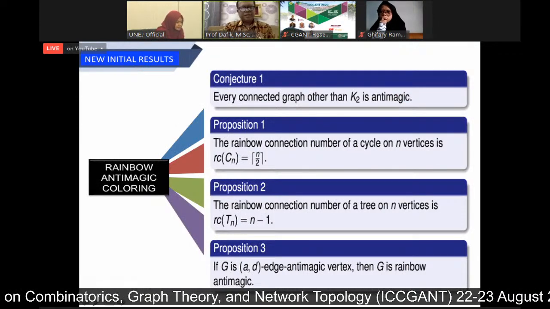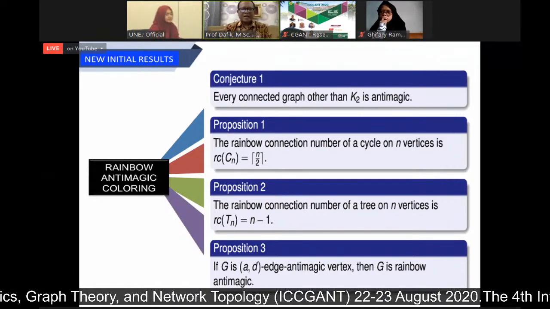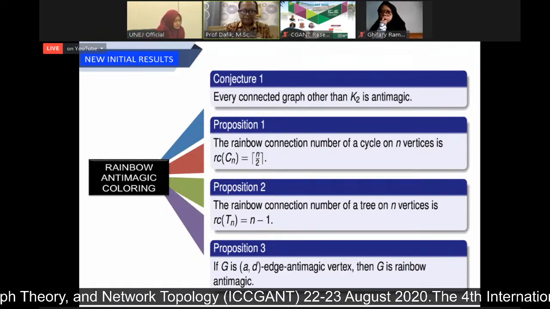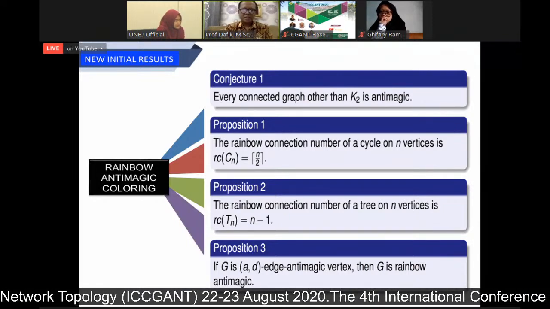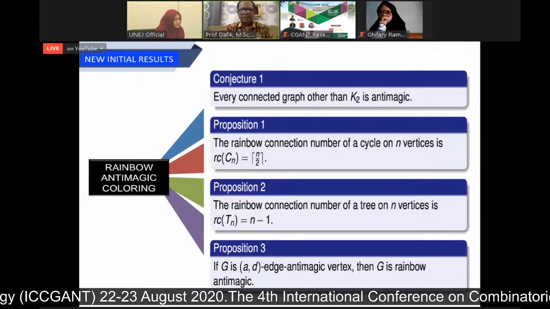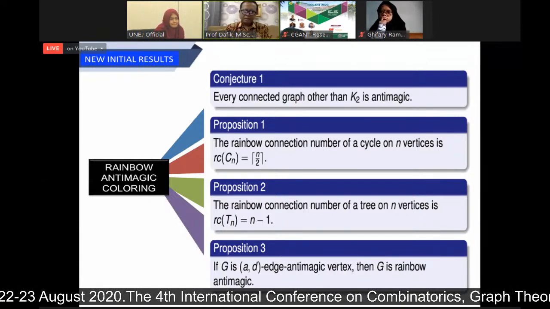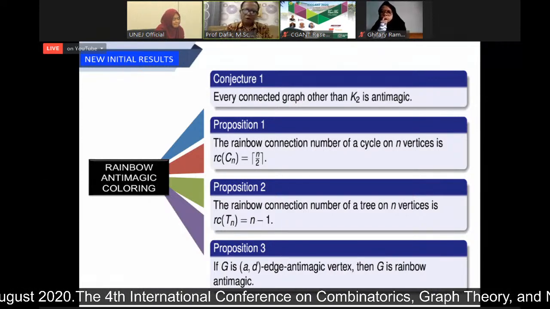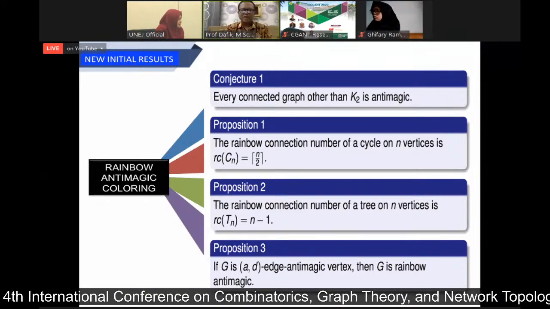I have been trying to write a paper about this rainbow anti-magic coloring. The first one is trying to study specific graphs, of course. This is normally what we have done.